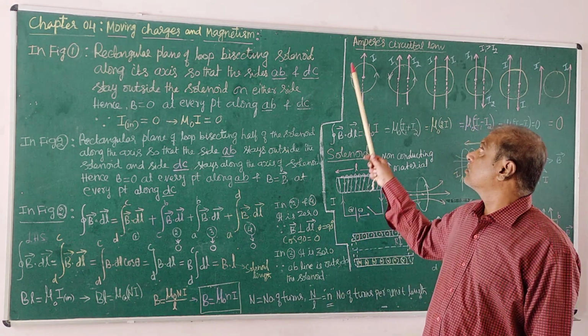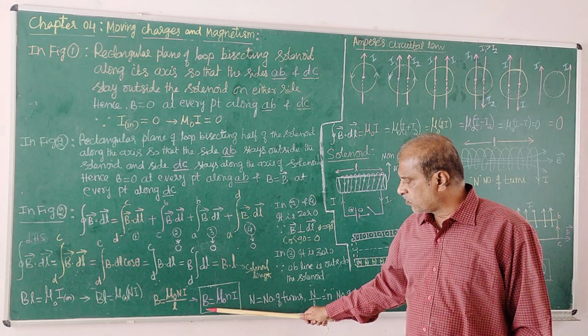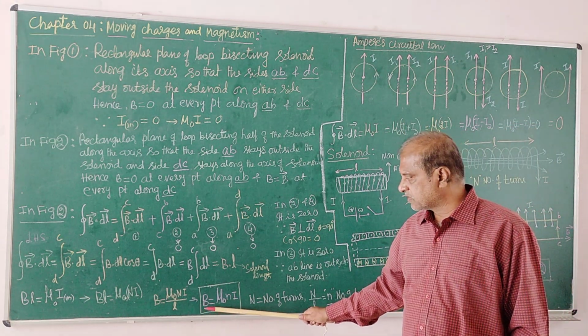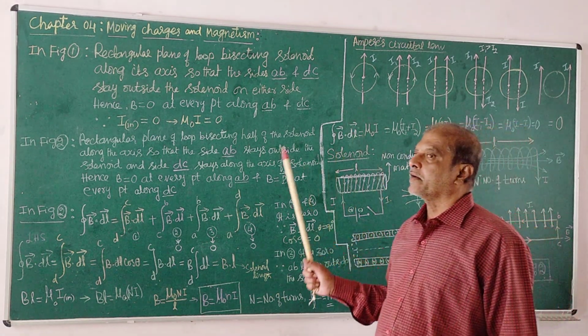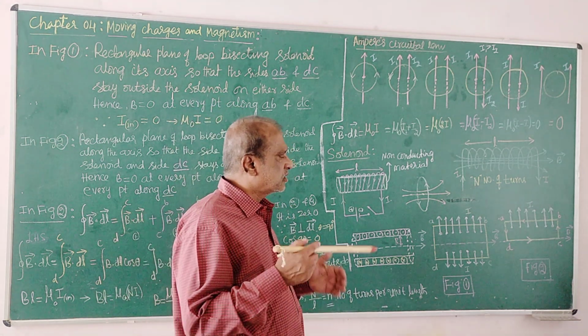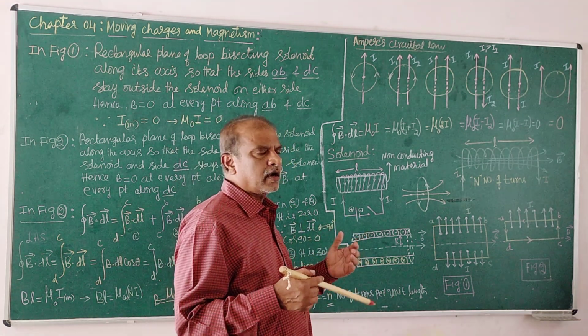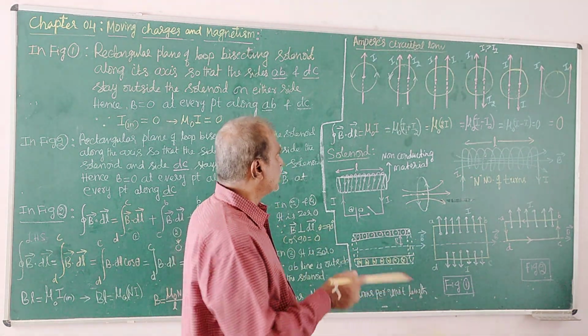So using Ampere's circuital law, we get the expression for B along the axis of a solenoid.